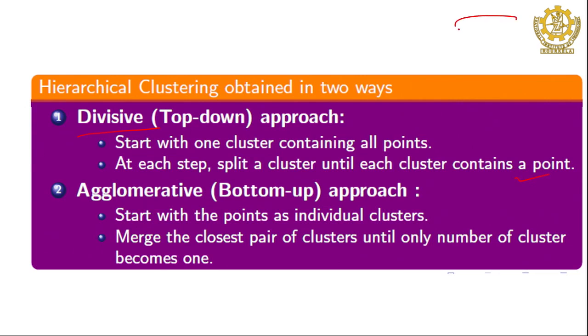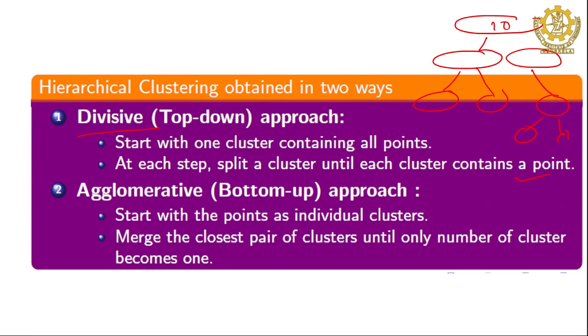So, you start with, let us say, 10 points in a single cluster, then you will have 2 clusters. Obviously, the number of points remains the same; they are divided between the 2 clusters. Now, from 2 it will form 3 clusters, then from 3 it will form 4 clusters and so on, until each cluster contains a single point.